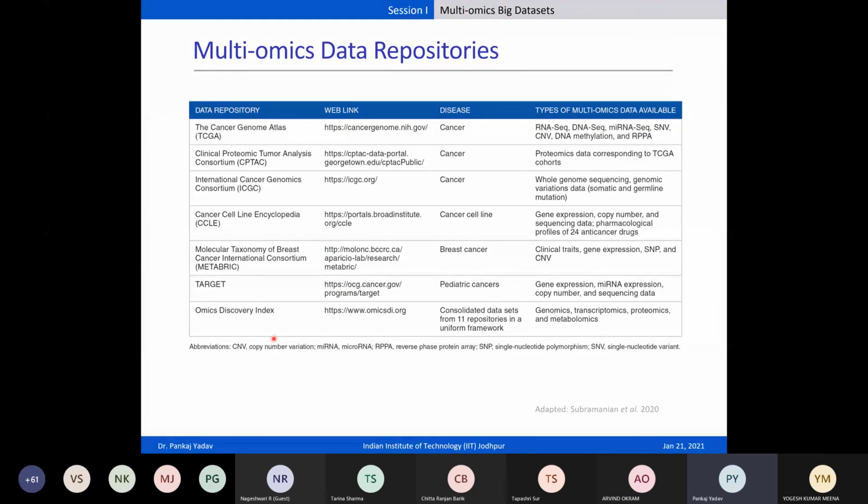And as I already talked about the Omics Discovery Index, you can find data sets there that are even directed to different repositories. You can have data from genomics, transcriptomics, proteomics, and metabolomics. These are all different types of data that you can get from the Omics Discovery Index repository.